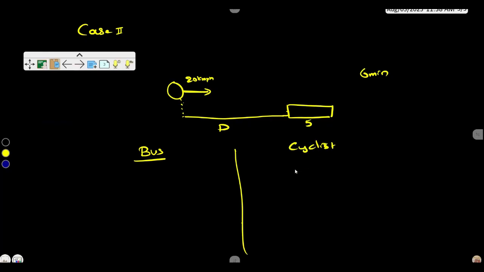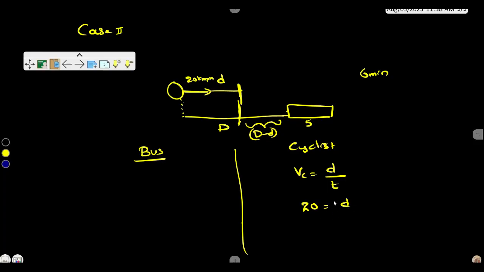Velocity of the cyclist is equal to distance traveled by the cyclist upon time taken. So velocity of the cyclist is 20 km per hour. Distance is small d. He has traveled some distance here. In this place they are crossing. So if this is small d, this distance would be capital D minus small d. So the bus will travel capital D minus small d.